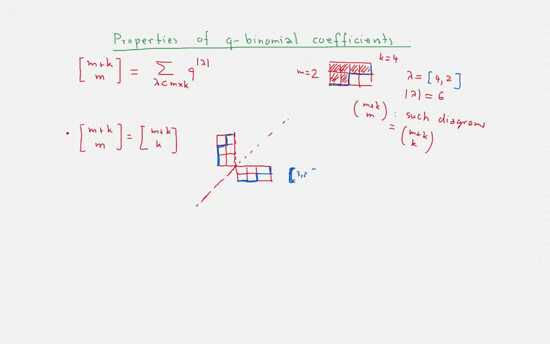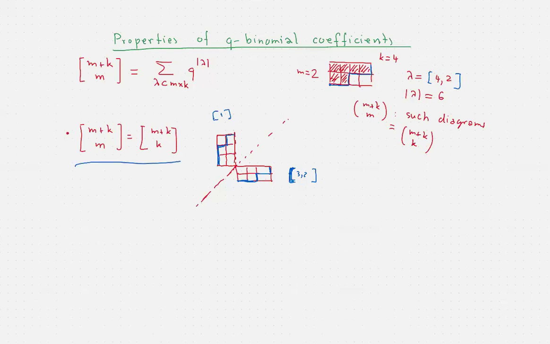So basically you can see that the partition consisting of 3 and 2 is associated with the partition consisting of just 1. But the bottom line is that there is a one-to-one correspondence between the paths on the 2 by 3 grid and the paths on the 3 by 2 grid using this reflection, and this of course establishes this first property.